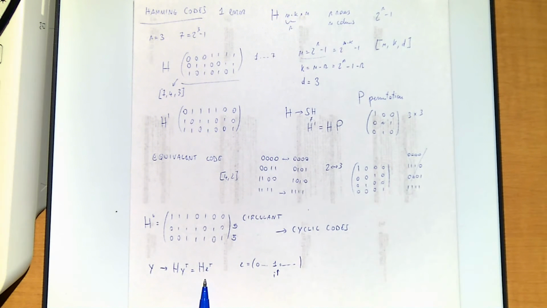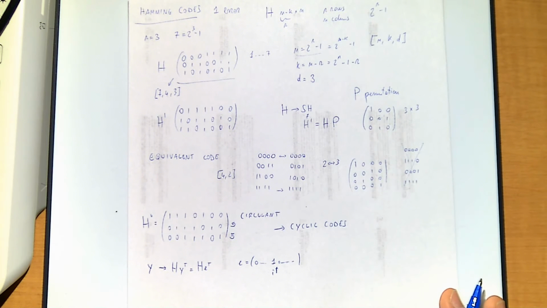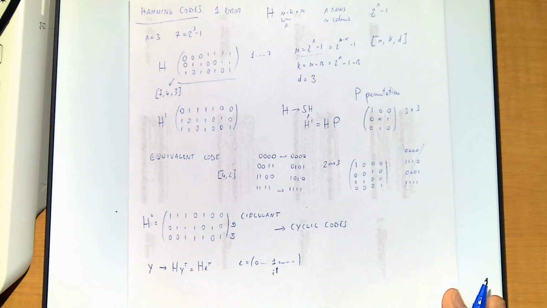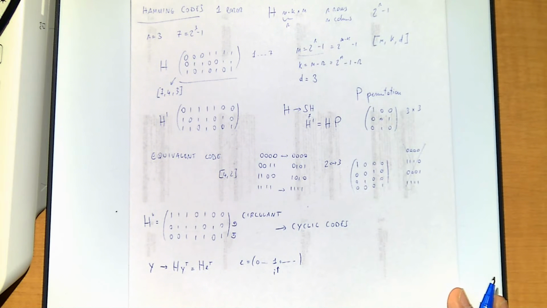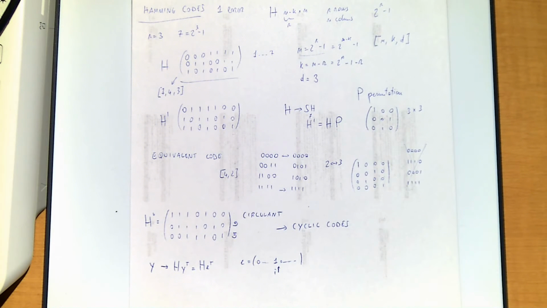So what this He does is just select one column. And then I can just take that column, and that tells me the error is exactly in position i. So they are perfect single-error-correcting codes.